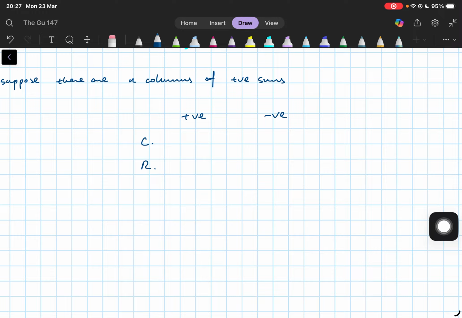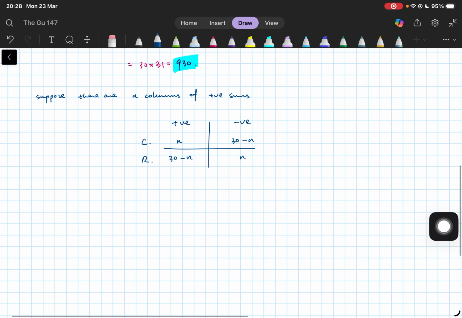If we have n columns of positive sums, then we immediately know that the number of positive row sums is going to be 30 minus n. Similarly for negative sums in columns: there are 30 columns in total, so if there are n positives, then the rest are negative, so it's 30 minus n. Similarly, we can quickly fill out this table. The last value is n. How are we going to use this information?